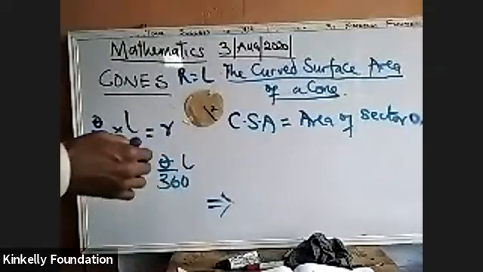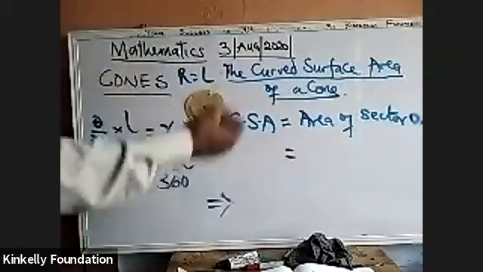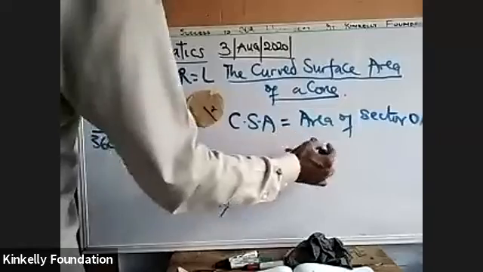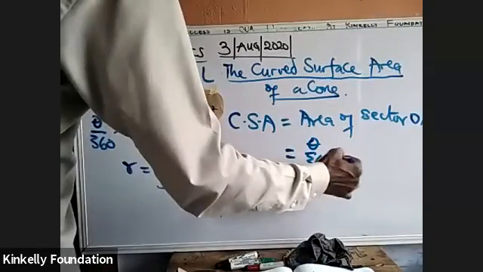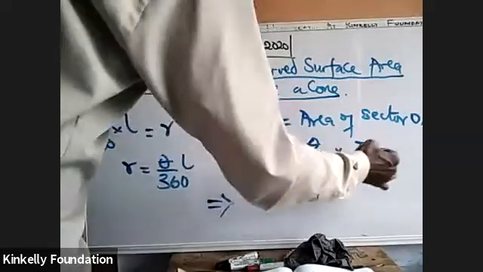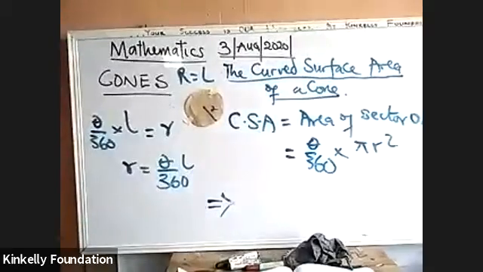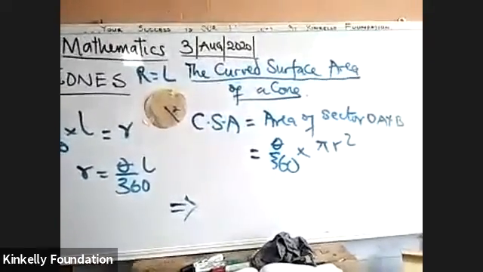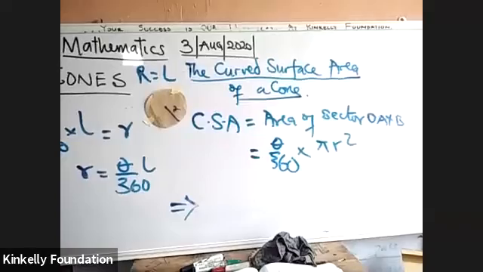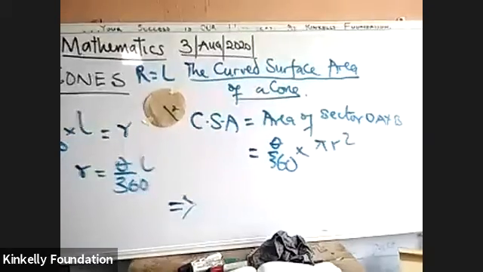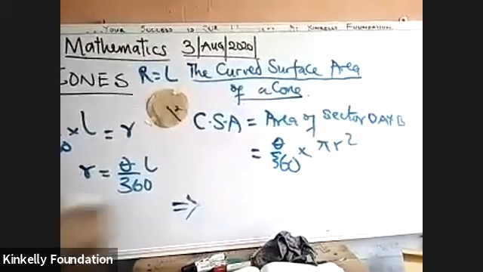Now, the area of a sector is given as theta over 360 times pi r squared. You see it now. Having noted that, we now have that.